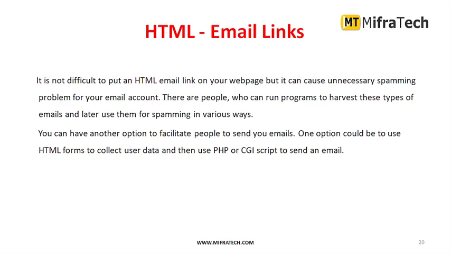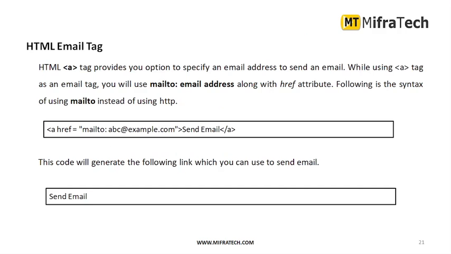You have another option to let people send you emails. One option is to use an HTML form to collect the user data and then use a PHP or CGI script to send an email. As I said previously, we can collect or retrieve data by creating forms. We will discuss this when we learn PHP. Now, here is a simple example.